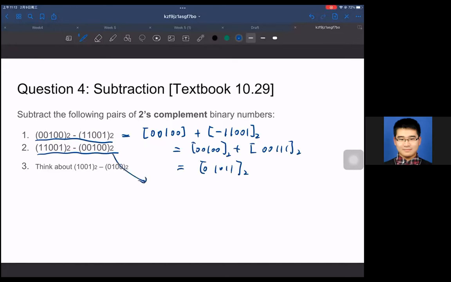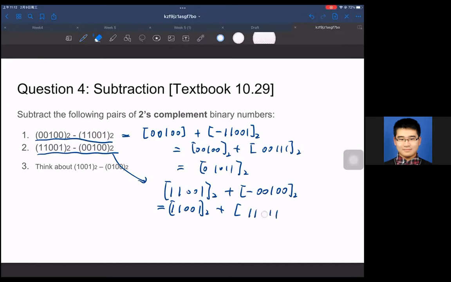It's going to be 1, 1, 0, 0, 1 plus minus 0, 0, 1, 0, 0 equals 2. And what is it? Flip and add 1: 1, 1, 0, 1, 1, and now add 1, make it 1, 1, 1, 0, 0 in two's complement.